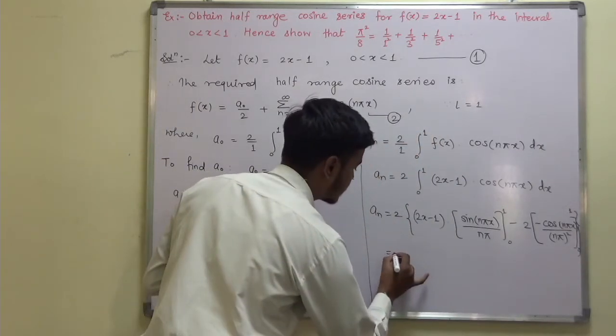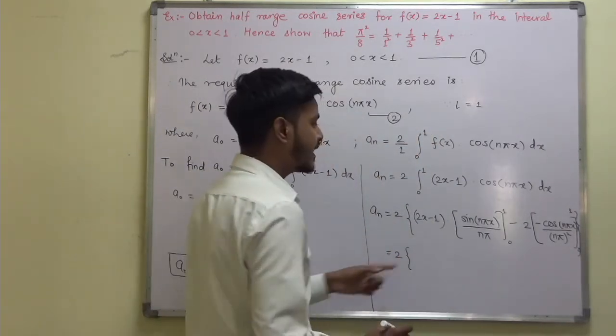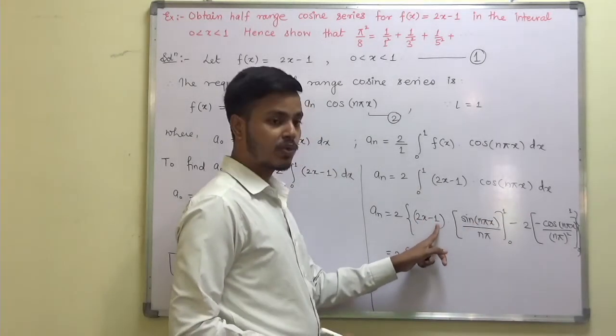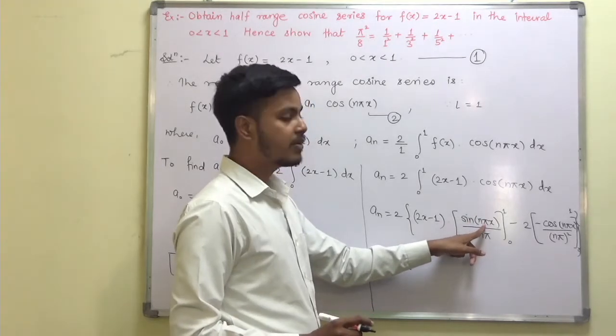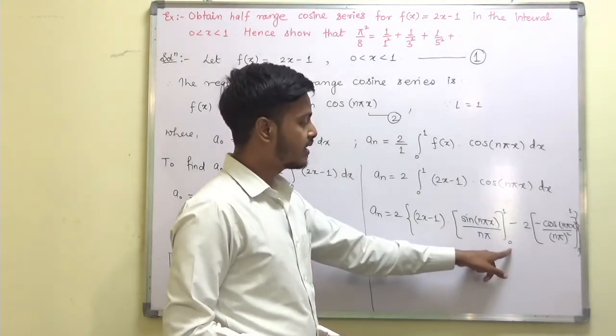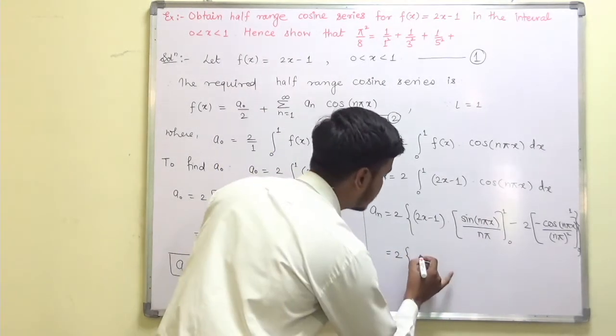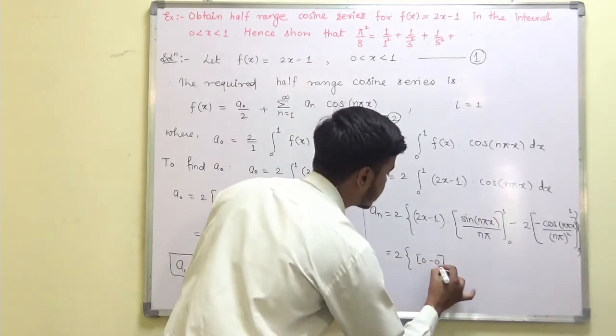And now apply the limits. So this is 2 into, when you apply the upper limit, this is 2 into 1 minus 1, so this is 1. Sin n pi is 0, then lower limit sin 0 is also 0, so this gives you 0 minus 0.